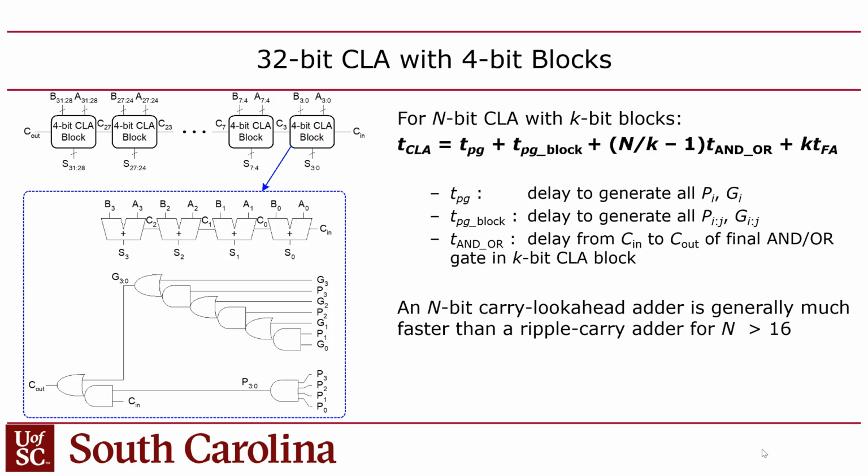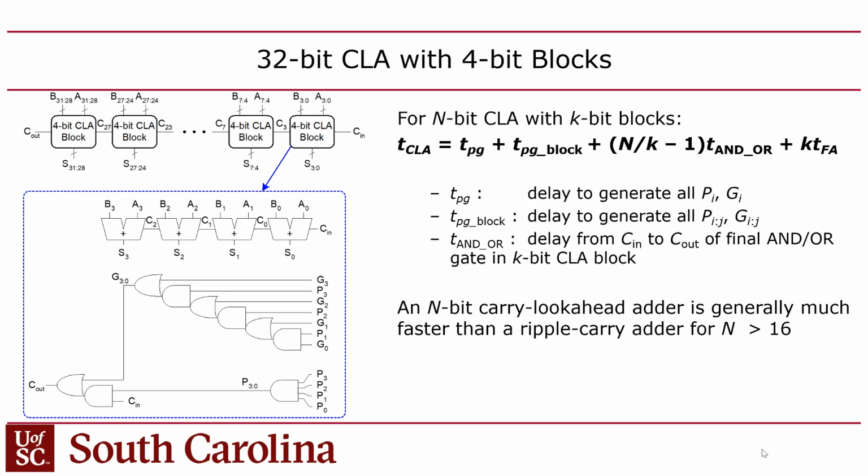So that doesn't have an n in front of it, or any scaling factor at all. It's just the time for the P and G's from the initial A and B's, then through this logic, which is the propagate generate block. But that's being done in parallel, so you only count it once.